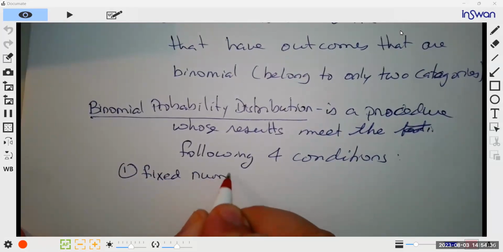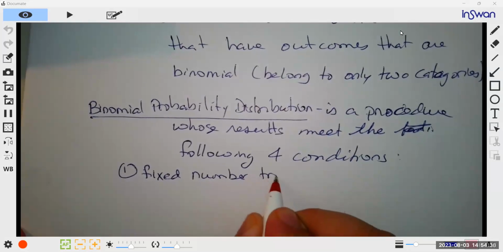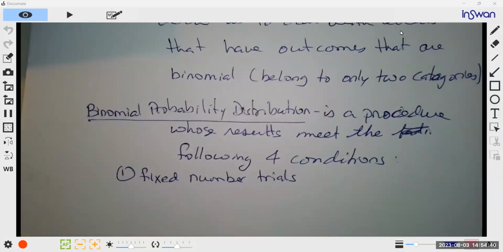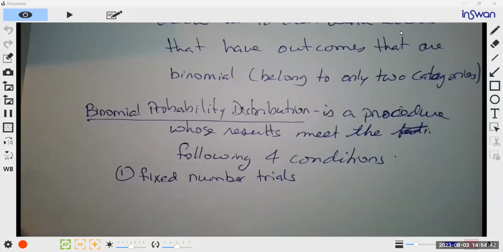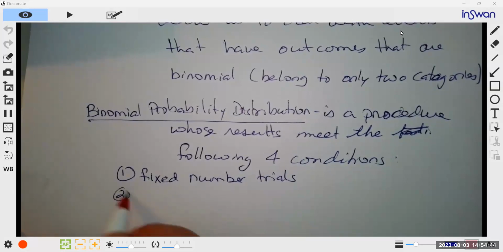A fixed number of trials. It can't go on forever. It has a fixed number of trials.